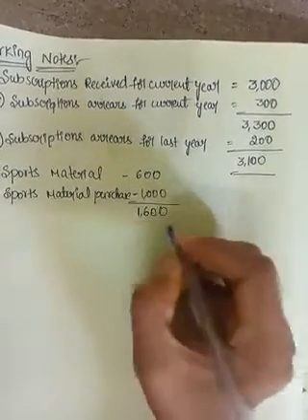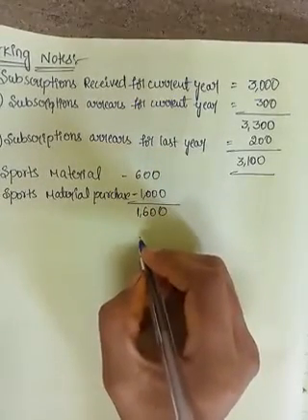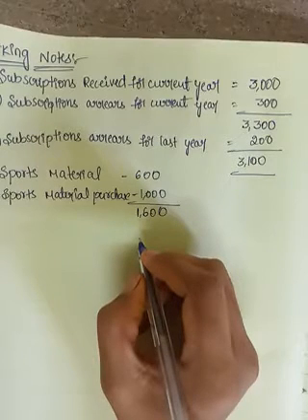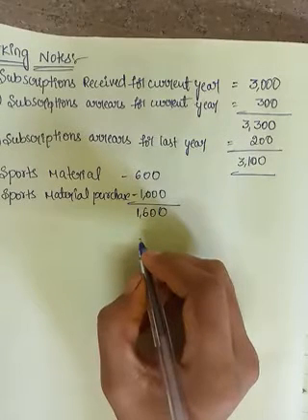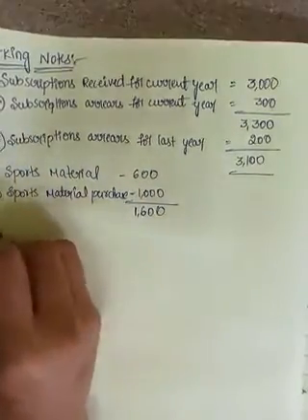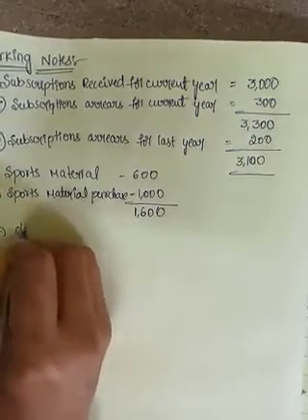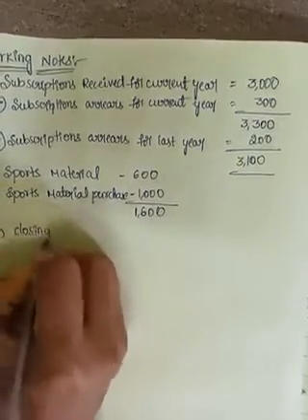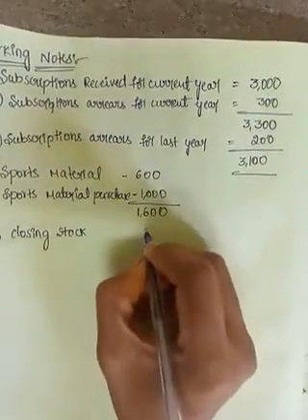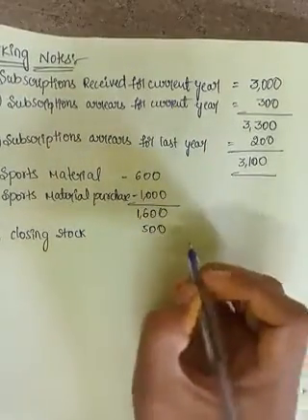Next is stock of sports material at the end. At the end means what? Closing stock. So less closing stock. Closing stock is 500.